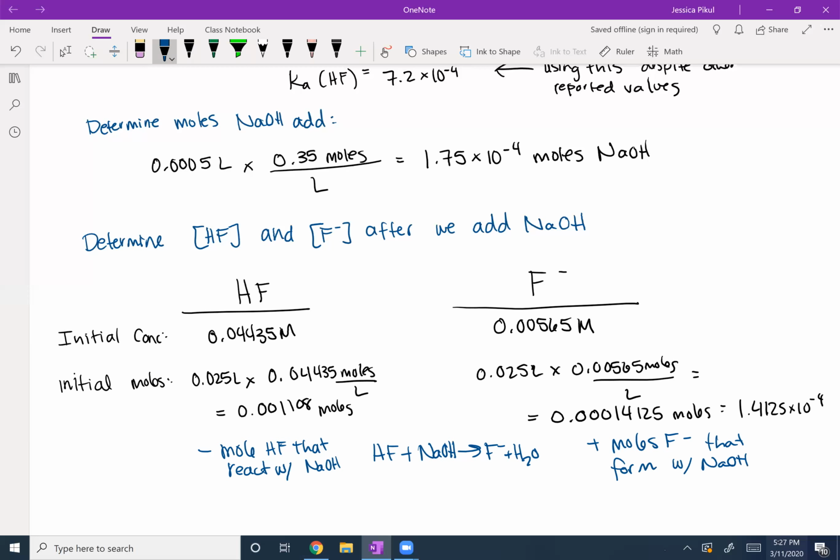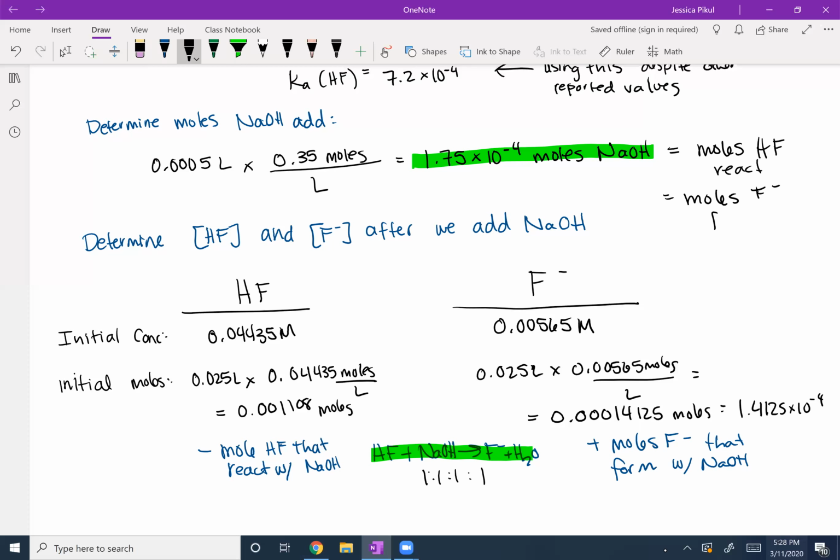Now we've determined our number of moles of sodium hydroxide, and looking at our reaction right here, we can see that everything is in a 1 to 1 to 1 to 1 ratio. That means the moles of sodium hydroxide also equal the moles of hydrofluoric acid that react and the moles of fluoride that form.